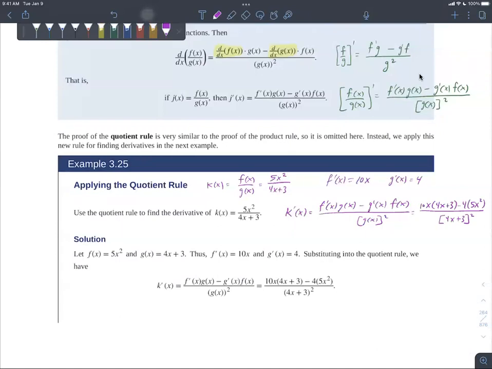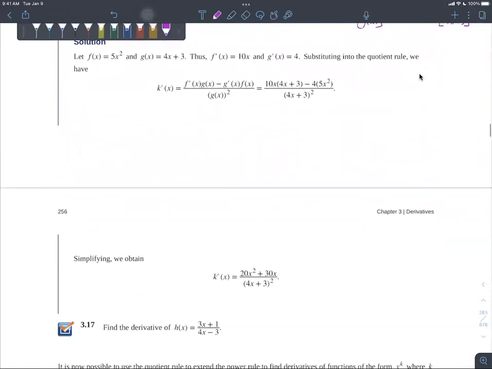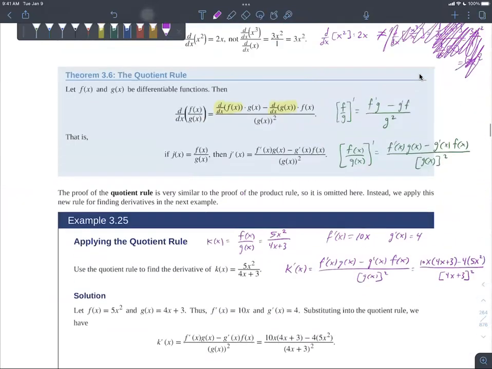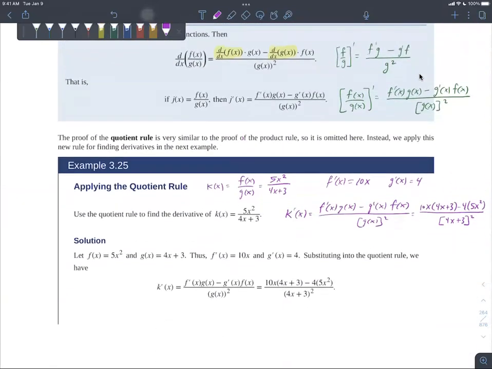And so now we can try simplifying a little bit. We can look ahead and see if anything's going to simplify. Not so much, but let's go ahead and multiply it out. Here we have 40x squared plus 30x minus 20x squared all over the denominator 4x plus 3, that function squared.